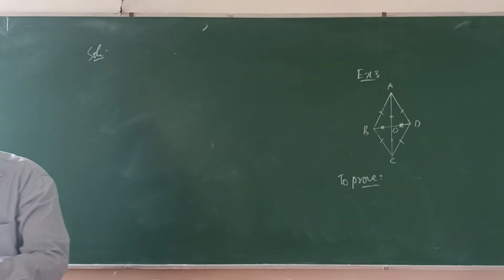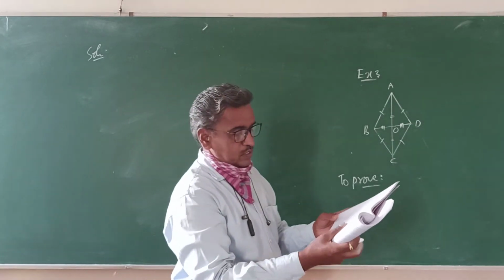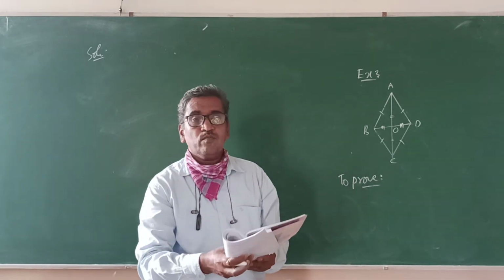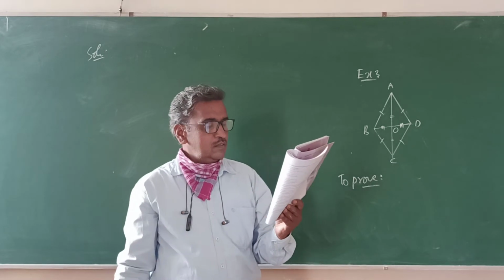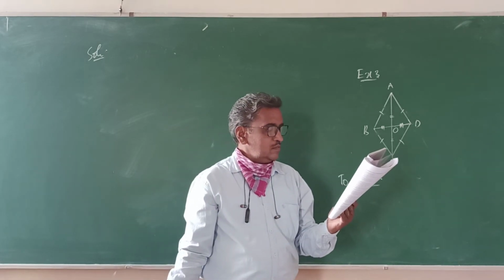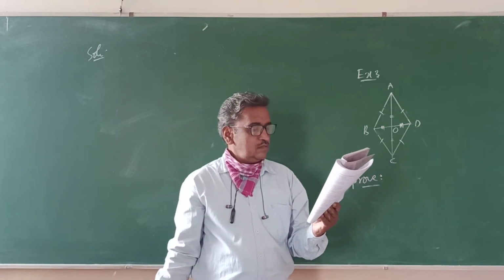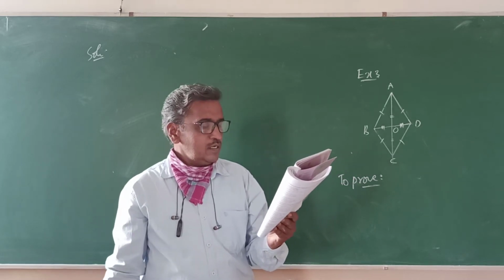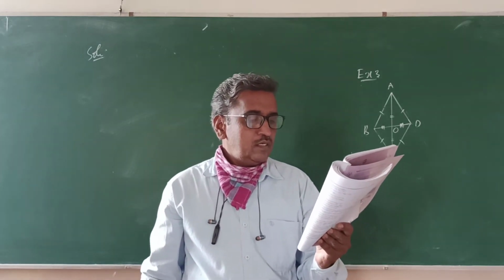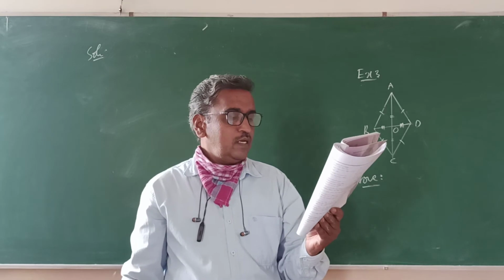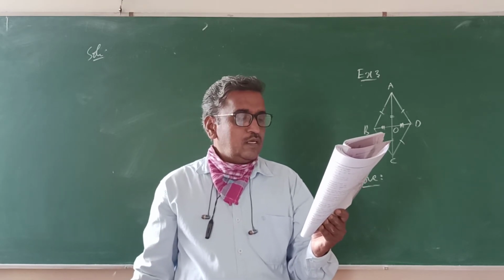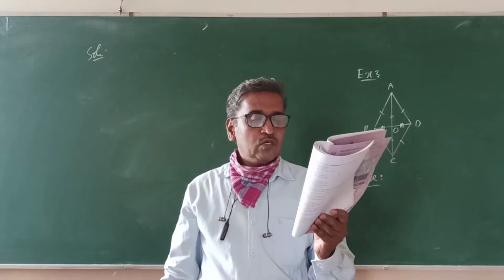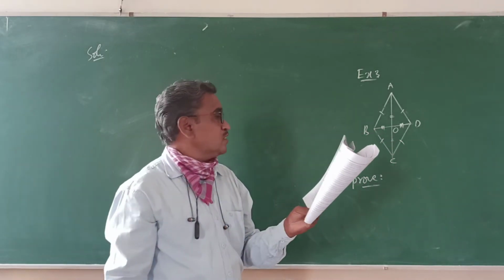Prove that the sum of the squares of the sides of rhombus is equal to the sum of the squares of its diagonals.